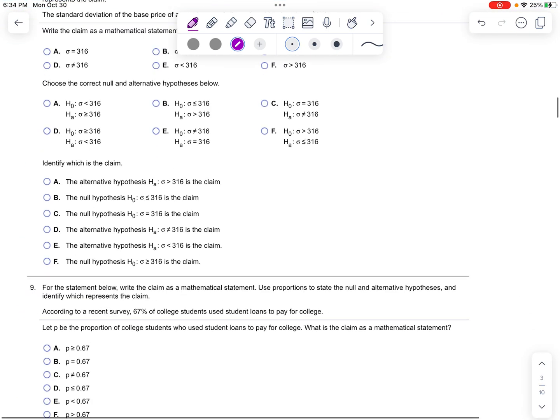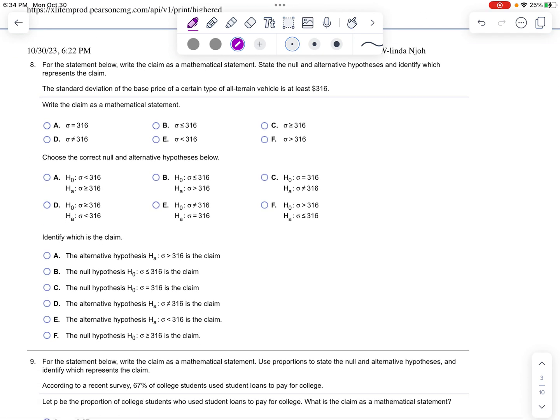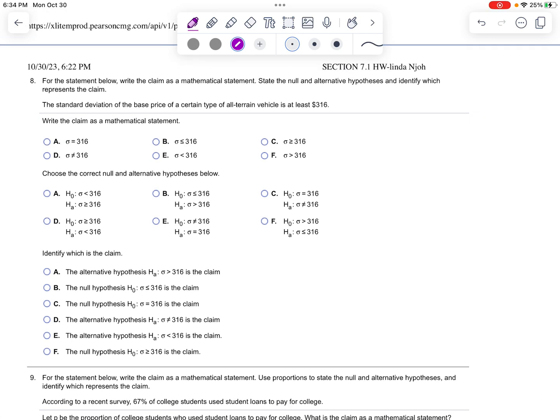Now let's see. If I do 8, you guys will be able to do 9. So let me look at 8. It says, for the statement below, write the claim as a mathematical statement, state the null and alternative, and identify which represents the claim. First of all, we're going to highlight keywords. The standard deviation, this is my population parameter. The standard deviation of the base price of a certain type of vehicle is at least, what is at least?